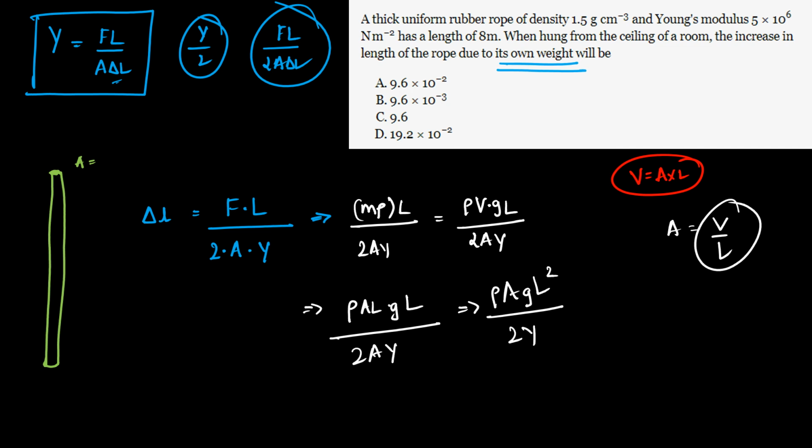A and A can be cancelled out. Sorry, this A is cancelled out, so this should not be written. Rho g L square divided by 2Y, this is what I'll be left with here. Now you plug in the values, you should be getting your answer.